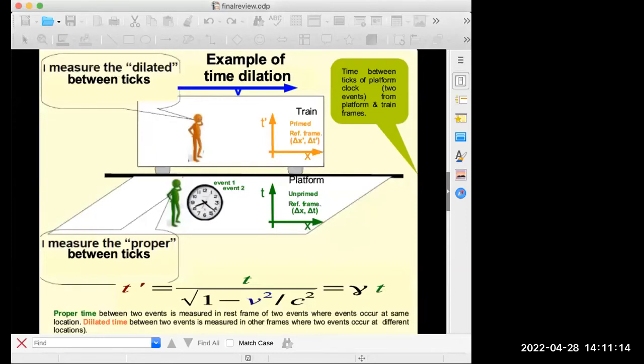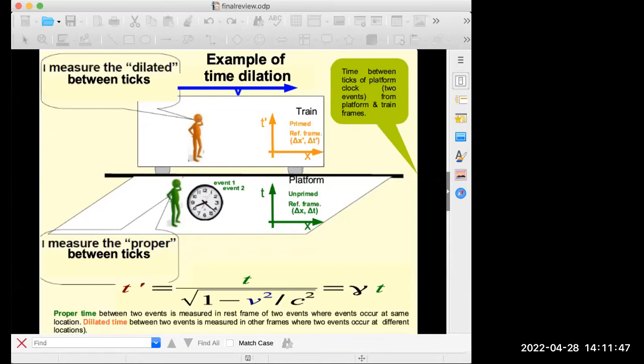Okay, the two important effects we talked about for space-time in relativity were time dilation and length contraction. To imagine time dilation, imagine that passenger on the train and that pedestrian on the station, looking at the station clock. The pedestrian on the station sees the clock as stationary.